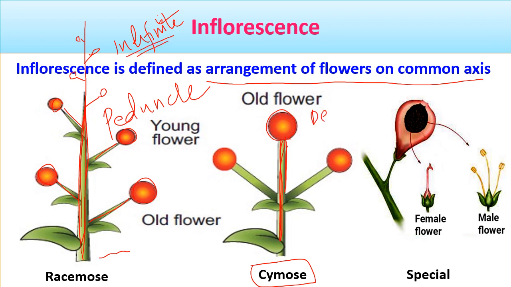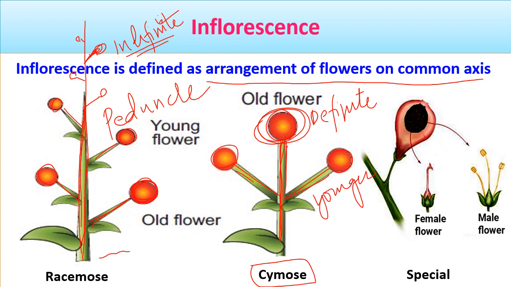Here it is definite growth, and laterally it has flowers, but these are younger. In racemose, the older flower is at the base and the younger flower is at the apex. In cymose, the older flower is at the apex and the younger flower is at the base.